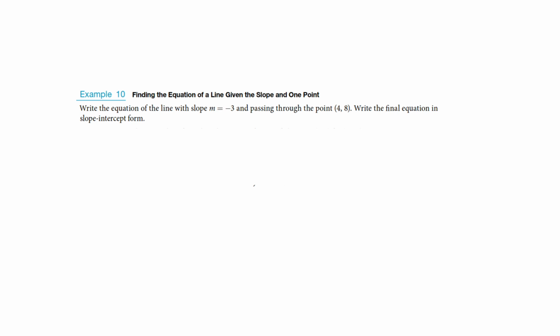It'll get you there. But I think a way students find more success here is just using the slope-intercept formula that they're more comfortable with, and we're going to solve for b. So here's what I mean. The information they gave us is we've got some line. We know how it's built with a slope of negative 3. And we have a single point that it passes through. So what I'm going to do here is plug in the slope.